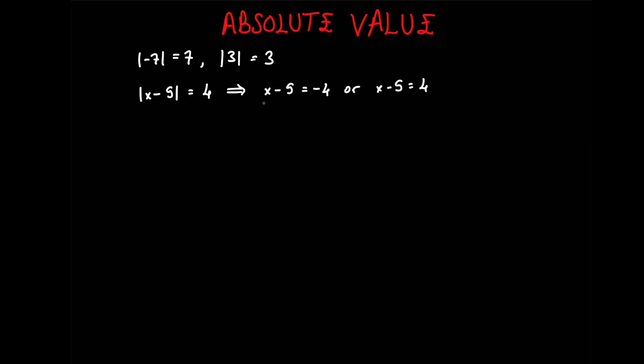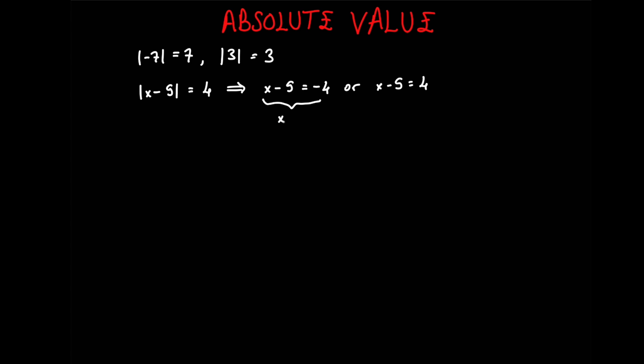So from this case, we see that x equals 1. And from here, we see that x equals 9. Therefore, here we have two solutions. X can be either 1 or 9.